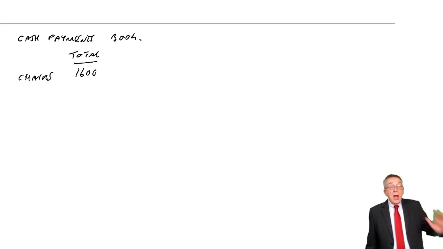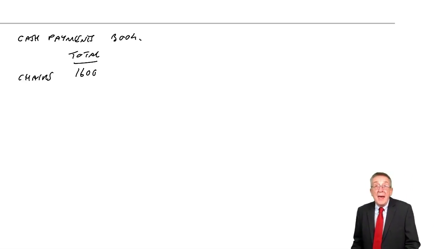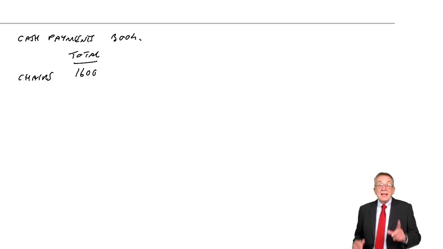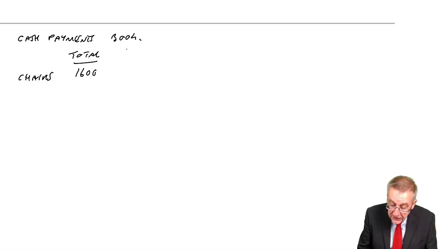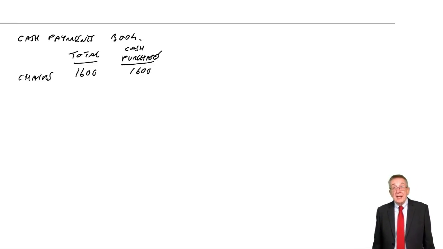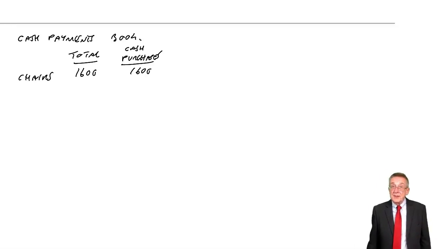But again, because there are lots of different reasons as we go through that we could be paying cash, I'll have analysis columns, and I'll immediately also put it in a column for cash purchases. Remember, she buys and sells chairs, so when we do come later to do the double entry, I'll credit cash, and I'll debit purchases.